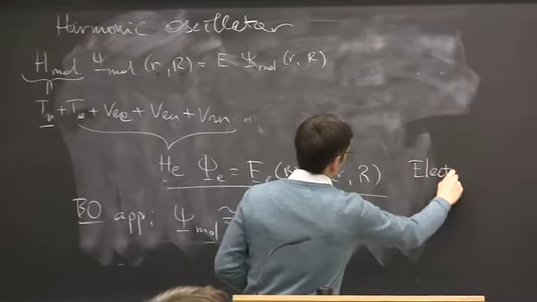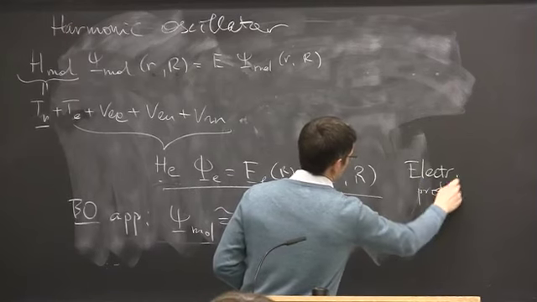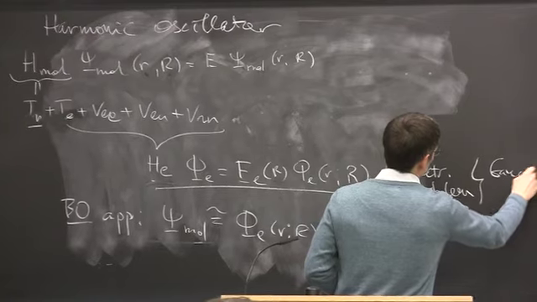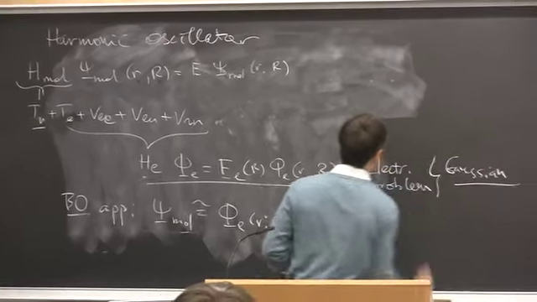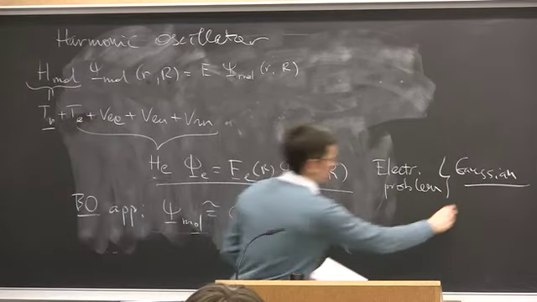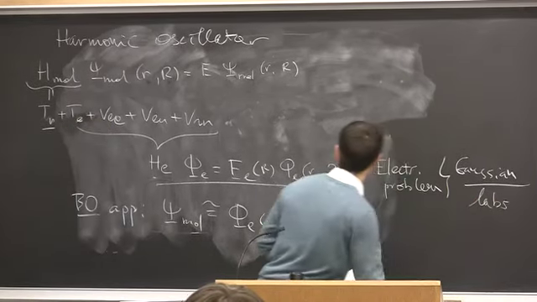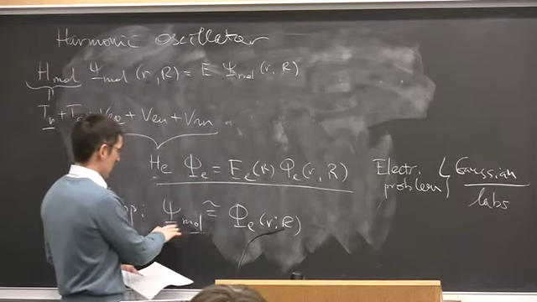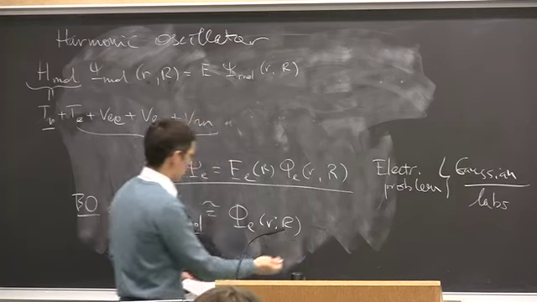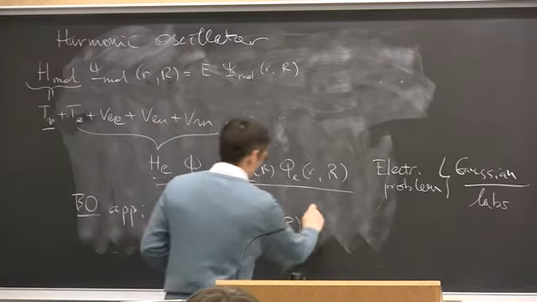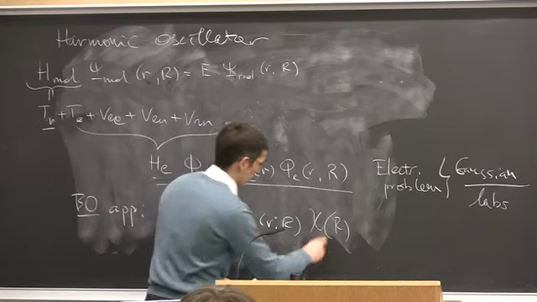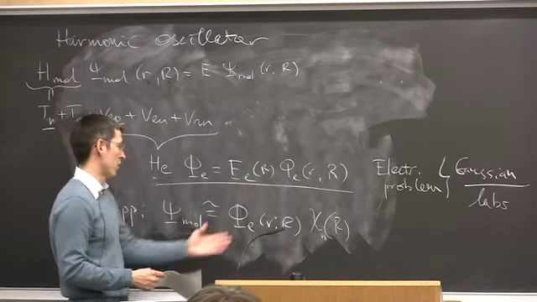It's the electronic problem, solved by Gaussian, in the lab section. And then the total wave function, that's what we're after in general, because this is only the electronic part, will be a product of the electronic and nuclear function, chi and phi.